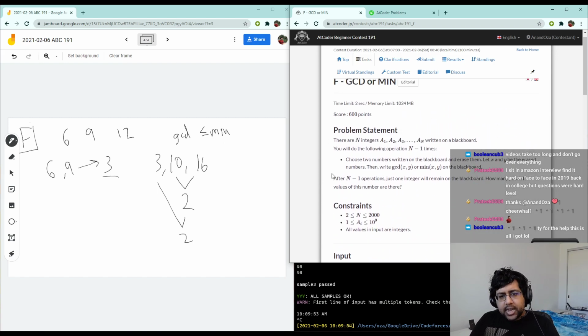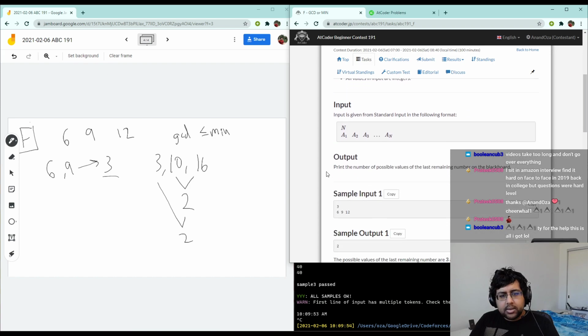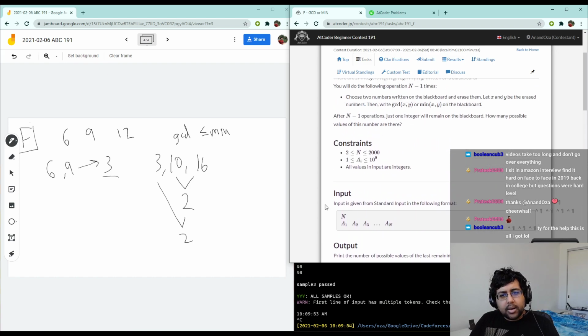Okay, so now we want to figure out what the possible GCDs of subsets of this array are. So how do we do that?